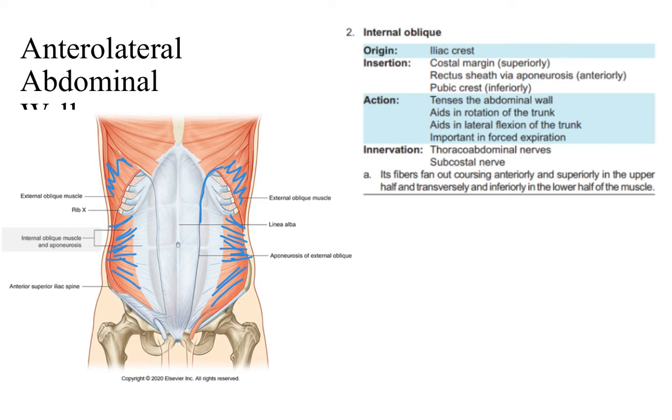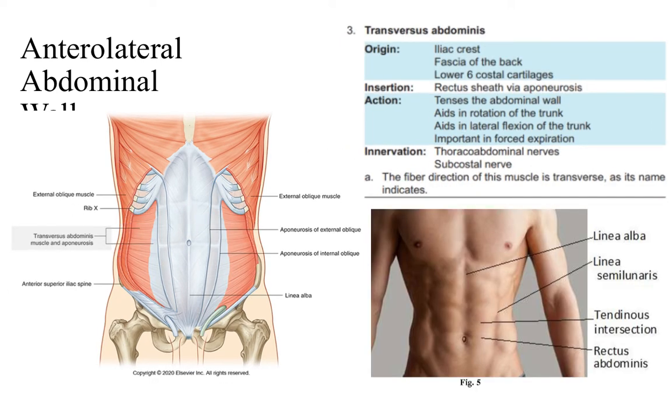Notice that the internal obliques also have their own aponeurosis, which then connects here at the linea alba. And their action is the exact same as what you'd see for the external obliques, as well as the innervation. And then the last layer of muscle in the anterolateral abdominal muscles, as we're talking about anterior to the lateral, not directly down the anterior of the abdominal wall, would be the transversus abdominis.